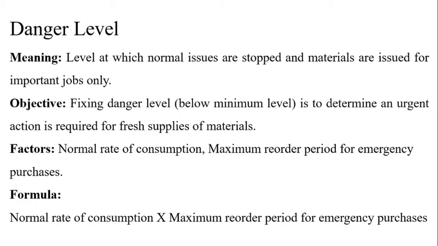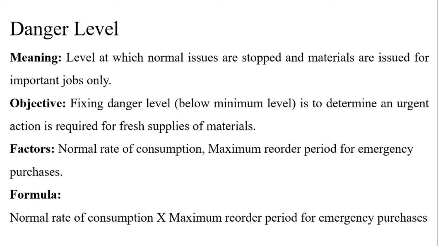And what is the objective? The objective of fixing the danger level below the minimum level is to determine when urgent action is required for fresh supplies of materials. That means we need to place a very urgent order for the materials purchase and bring it into the firm.